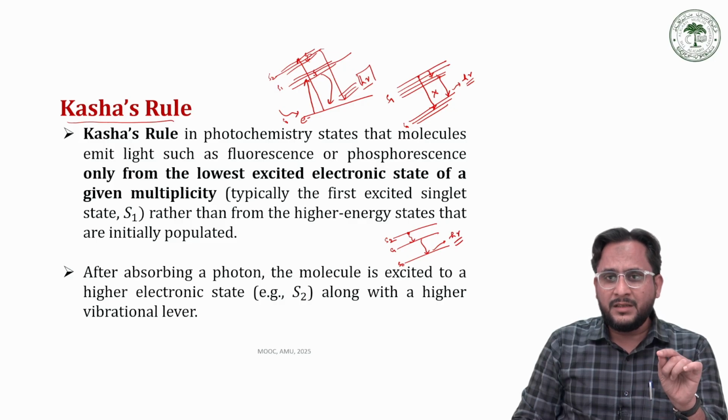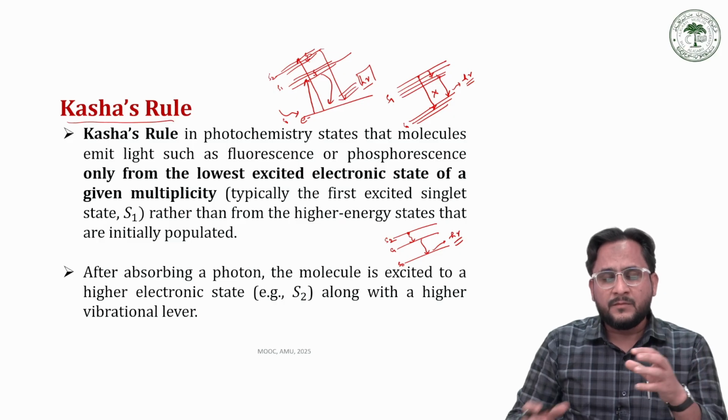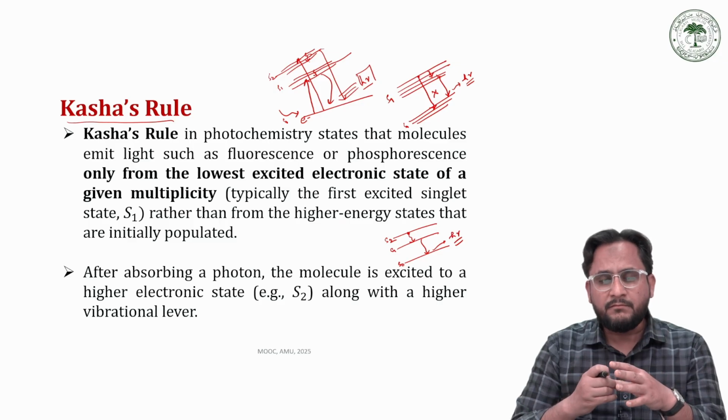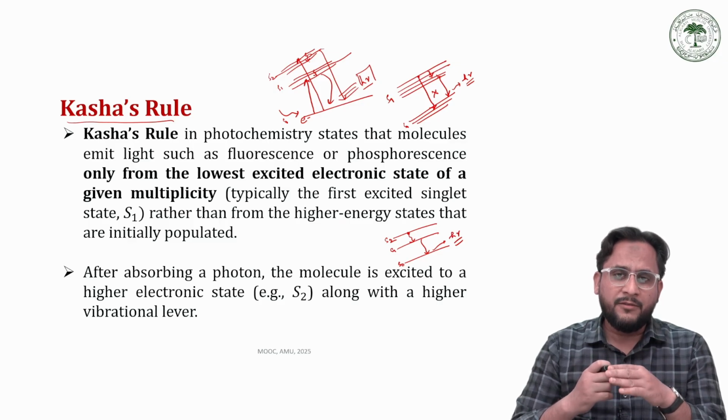They emit heat radiation, or some sort of kinetic energy is lost, thereby electrons come to those lower levels.